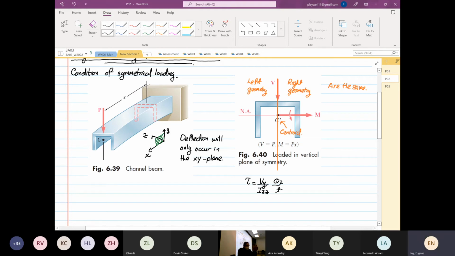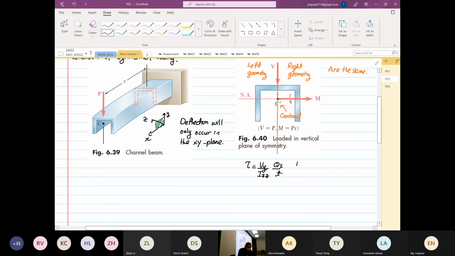So far, when we use this equation, if you have not realized this, our deflection occurs only, okay, there's a vertical displacement about the y-axis.